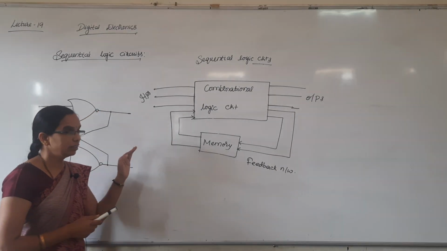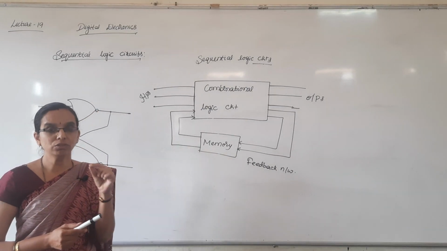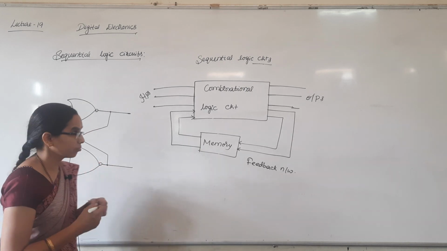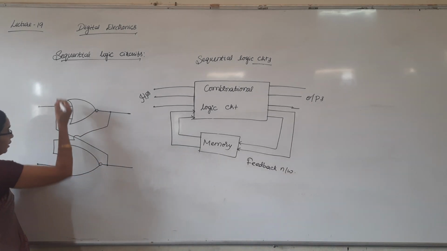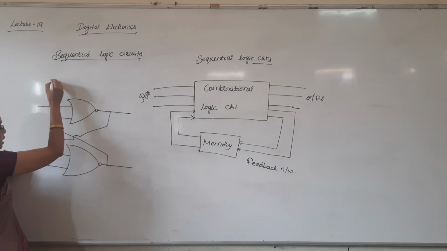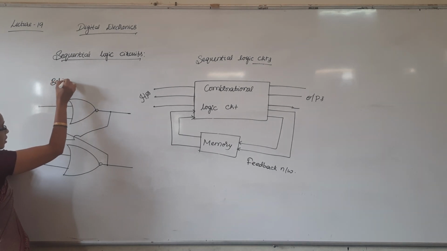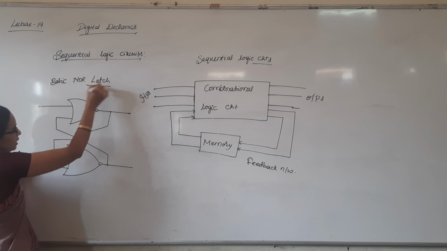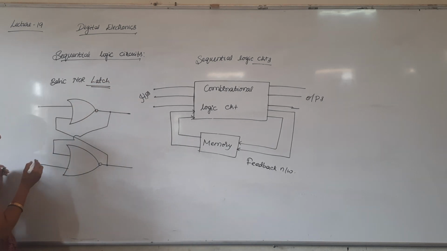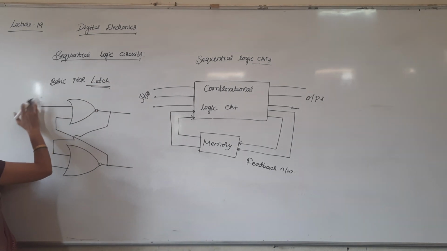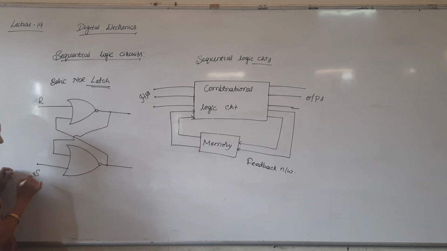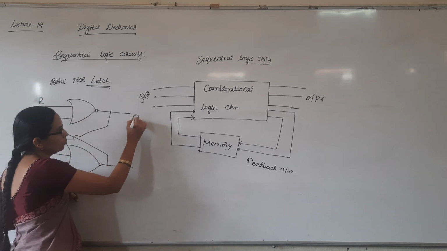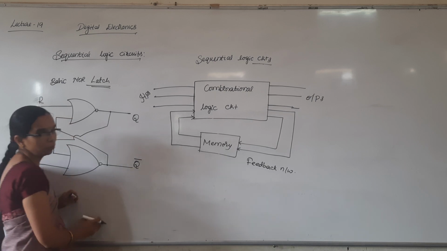Okay, so we'll go through one small illustration using a NOR gate, the basic NOR latch. It is called a latch, and you'll understand why. It has two inputs, R and S, and two outputs, Q and Q bar.